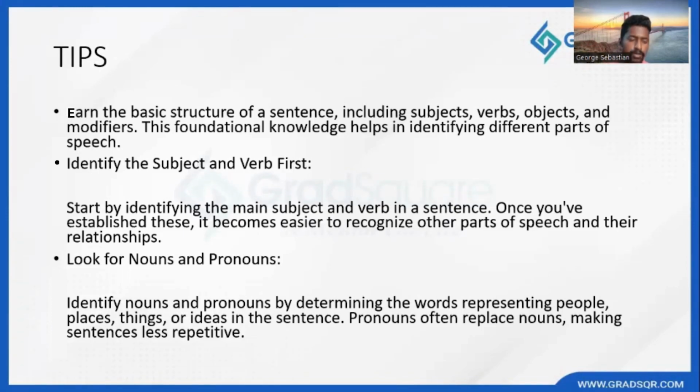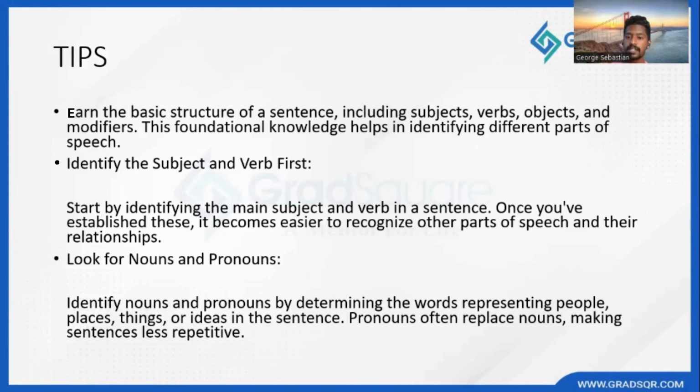So let me talk about some very well-known tips while solving these questions. First of all, you have to understand every sentence has a basic structure which includes subject, verb, and object. So when we read a particular sentence in a given examination, the very first thought process that we should have is, which is the subject in the sentence?